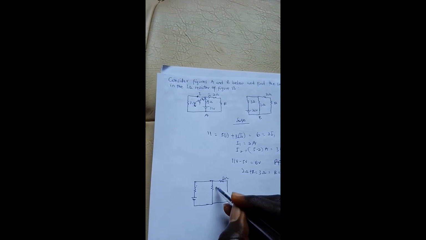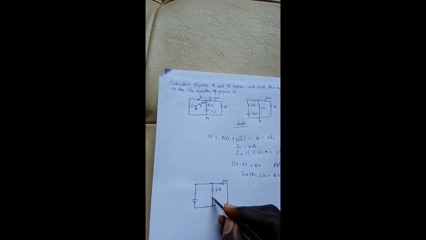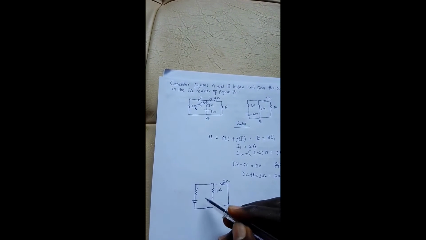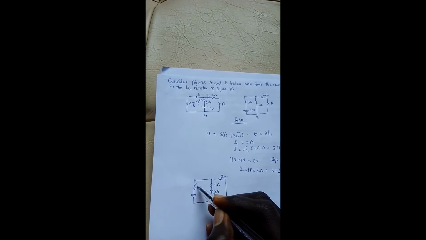So here is 2 ohms, here is our 1 ohm, but because the source has been replaced here, the current will be coming down now, and that's going to be 2 amperes. Here is my 3 ohm, and finally here is my 11 volts.